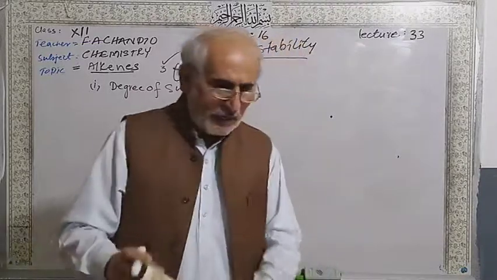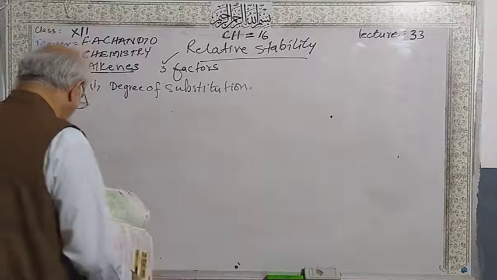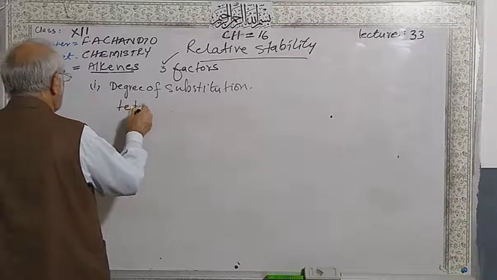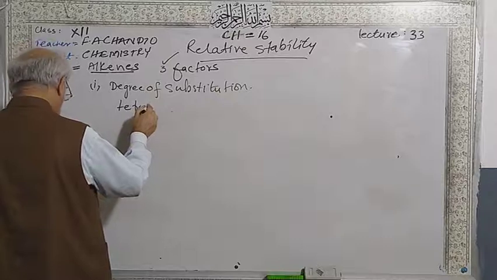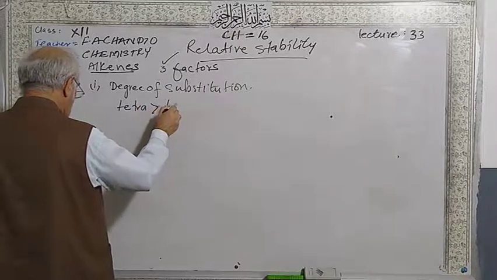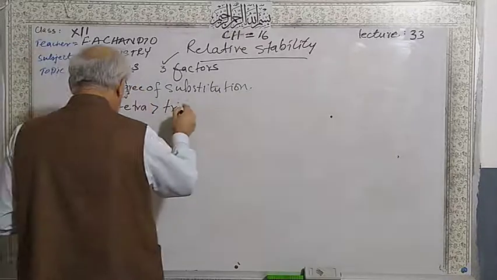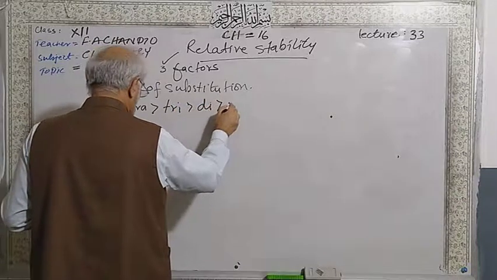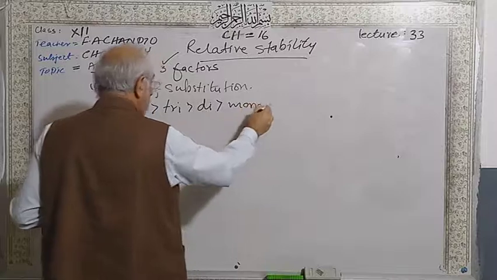So the stability of alkenes decreases in the order tetra, tri, di, mono.